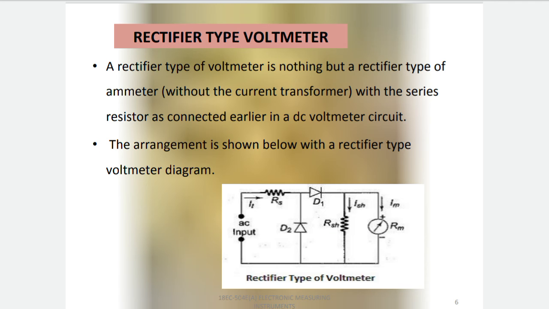Here the circuit is a parallel circuit, hence the current is divided. That means the parallel circuit acts as a current divider. That means total current is equal to ISH plus IM, that is shunt current and meter current.